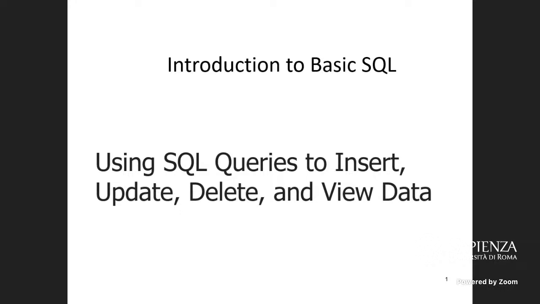Our work here today is small, and I hope that you are now able to connect to your Postgres SQL through Azure Data Studio, and then you can access your HRDB.